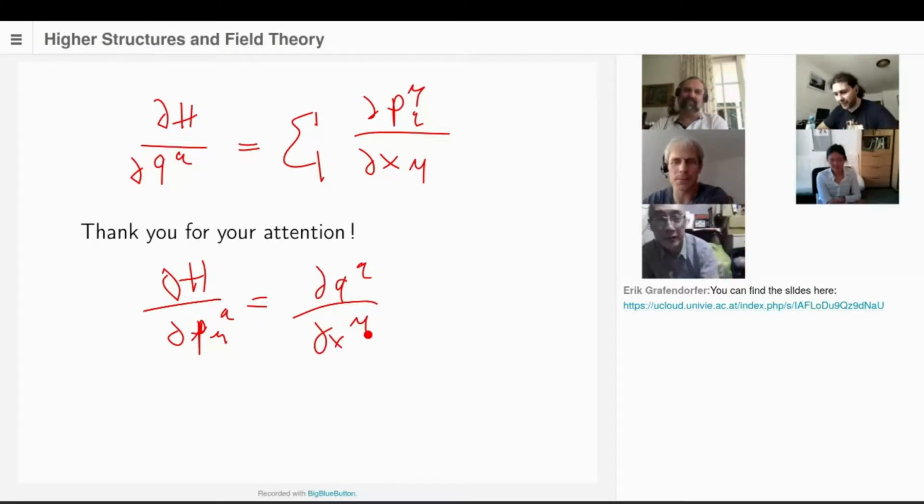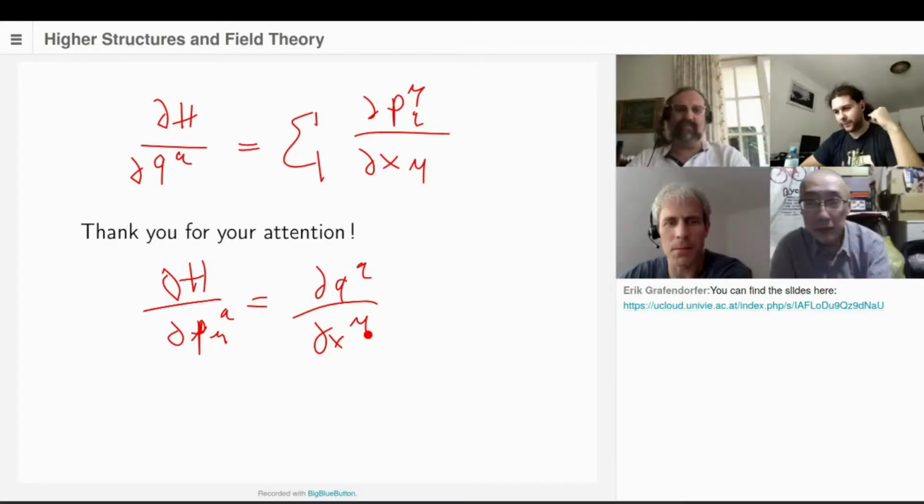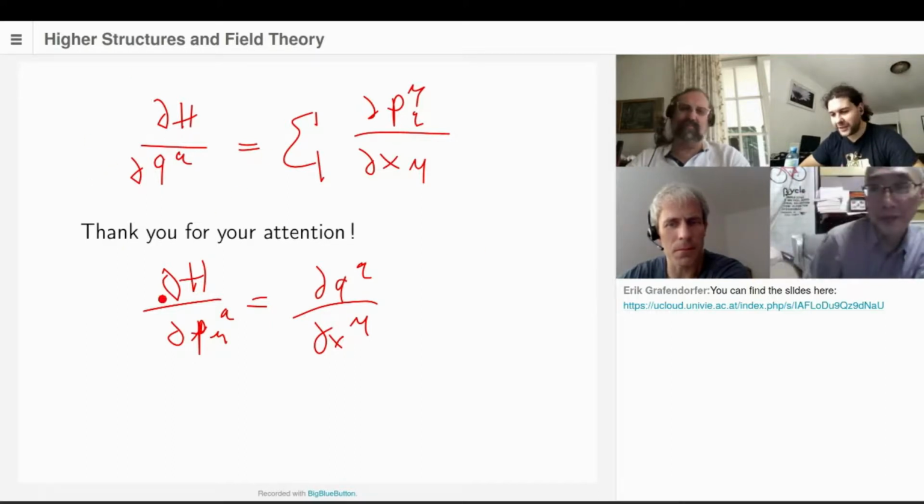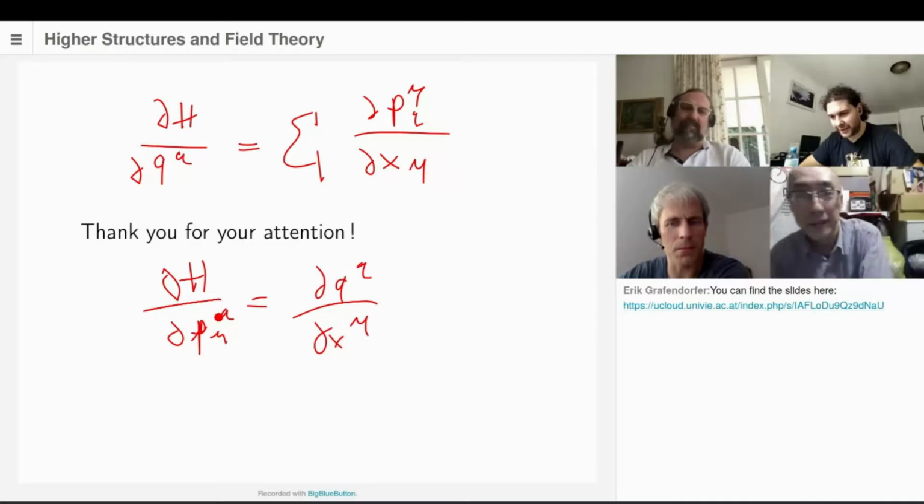So this is somehow historically how Kijowski and Tulczyjew and others have started thinking about those. So starting with this, in this more general setting, this is an example coming from field theory. I don't know if that answers your question.